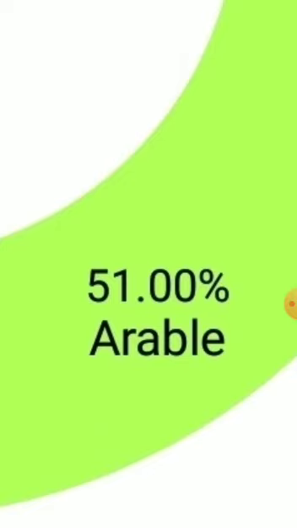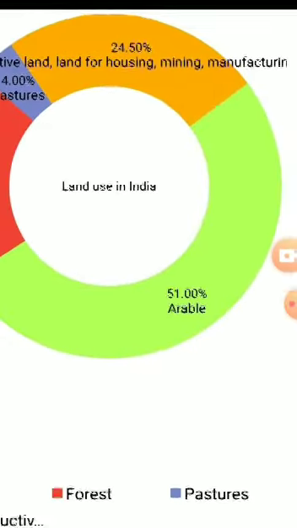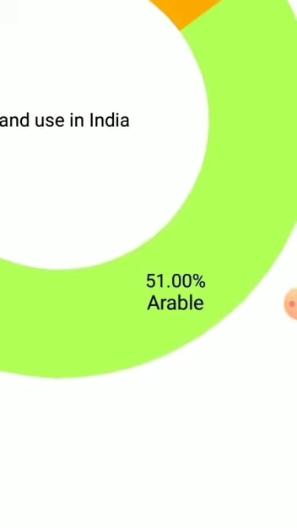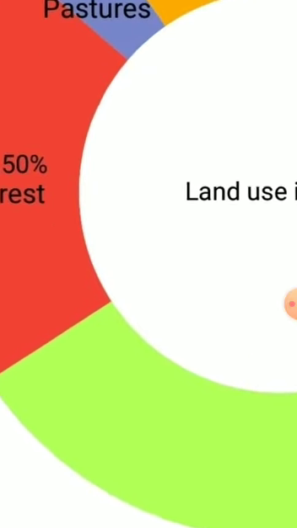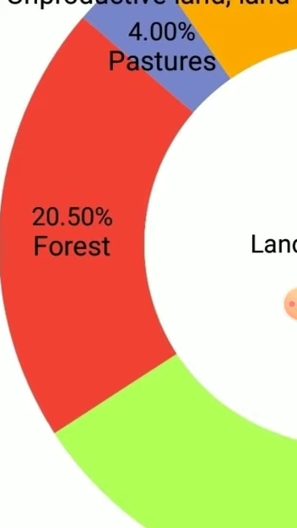So as it is written more than 50% in your book, I have roughly taken it as 51% just because I have to make this pie chart. So more than 50% of India's land is considered suitable for growing crops. And a little more than 20% is forested land in India.